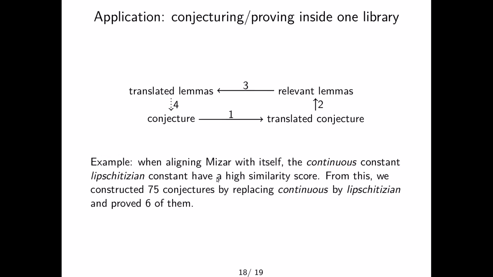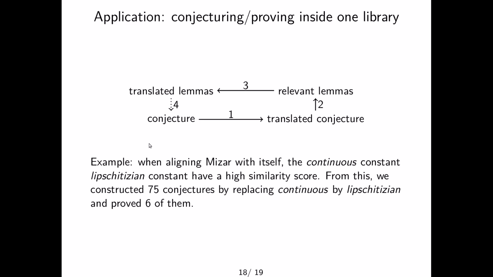The last application is that you can do this reasoning inside one library. So you have a conjecture you made in one domain, and you realize it's true in another domain, and there is a proof there. So you look at the relevant lemmas, and now you translate them back using the mapping. And then you try to prove the conjecture. For example, in Mizar, we first align Mizar with itself, and we find some mappings.